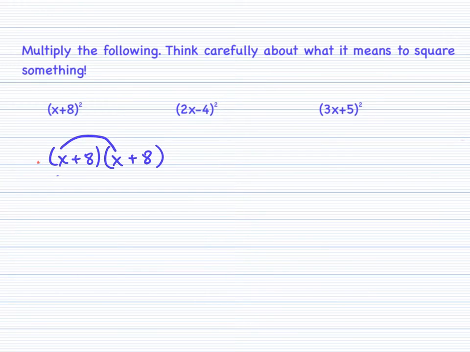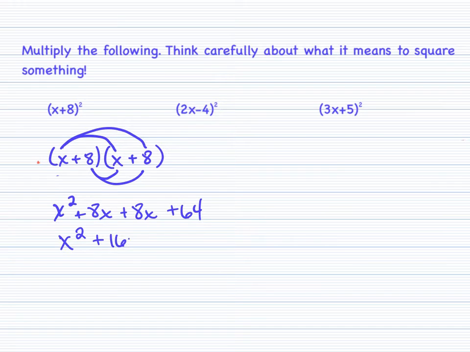And x times x gives me x squared. X times 8 gives me 8x. 8 times x, sorry, is 8x. And 8 times 8 is 64. So combine your like terms. So we've got x squared plus 16x plus 64.